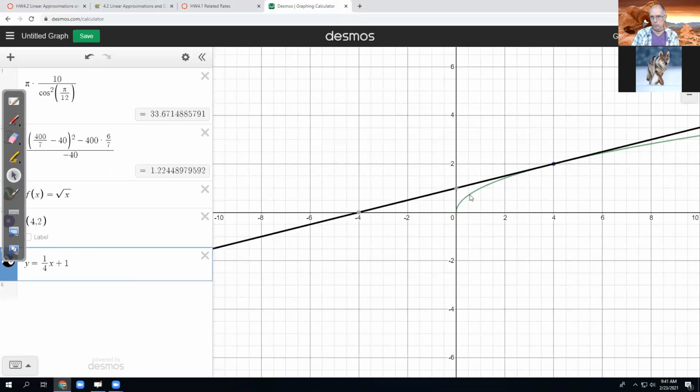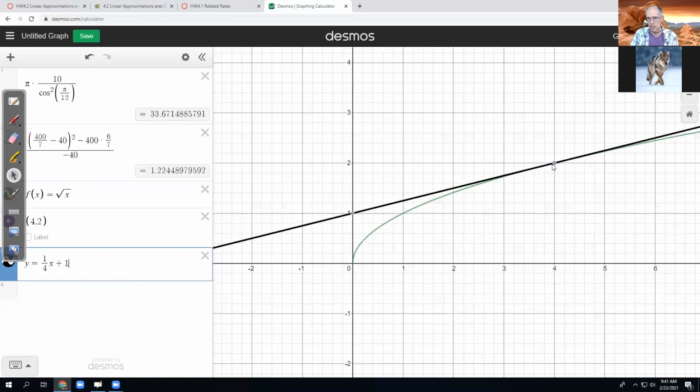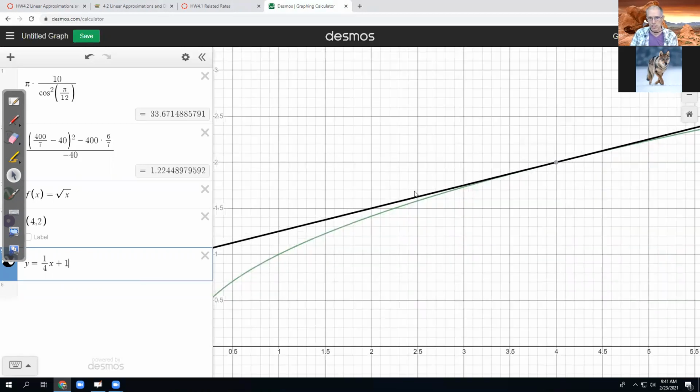All right, so that looks pretty good. I got that tangent line approximation. And when we zoom in on that tangent line approximation, what we see is that as long as we're not too far away from, say, 4 here, like over here at 3 or 5, the tangent line is still pretty darn close to the function.